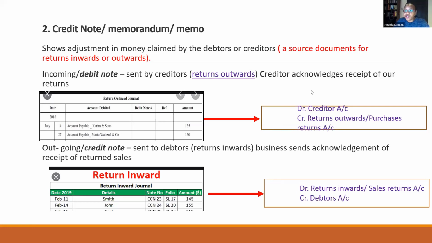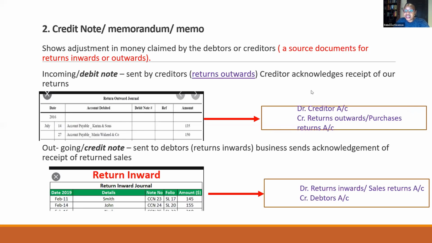Once you have that source document, which is called a debit note, you input the information on the debit note into a book or a journal that is called a returns outwards journal. Okay? And I've given you an example you can see on the screen of what this book looks like.